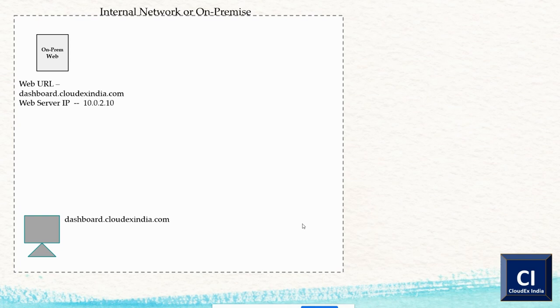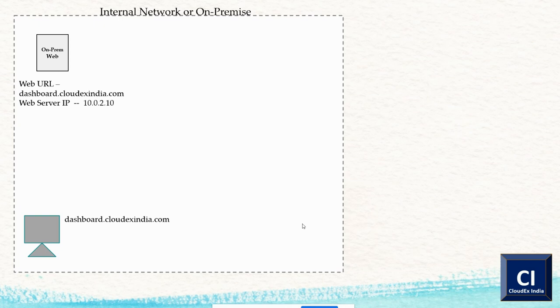But when a system communicates with any other system, like from this client to the website, it uses the IP address, not the name. But we use the name whenever we are trying to access any server or website. So what happens when the client says I want to access dashboard.cloudxindia.com?